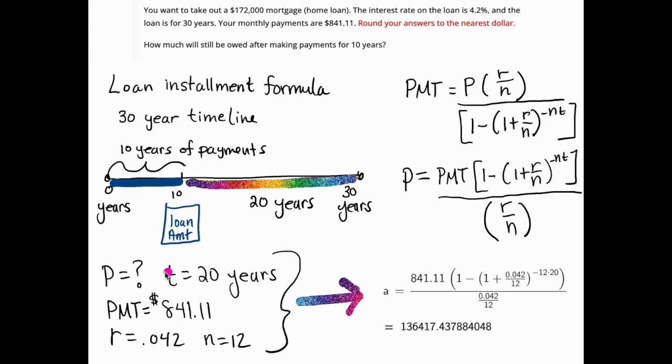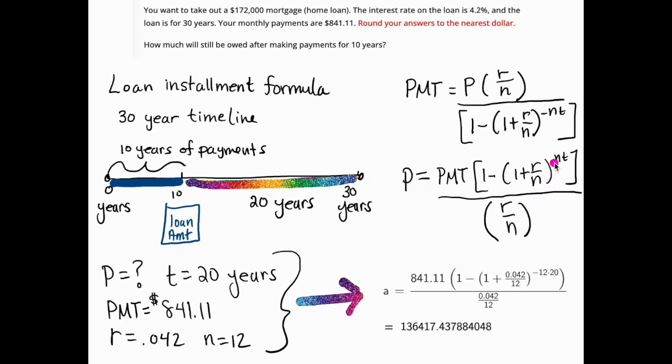Now, when I take all of this information and plug it in, I put my payment in here, $841.11. That goes here. I bring everything down. My R is the 0.042. That goes here. My N is 12. That goes here.